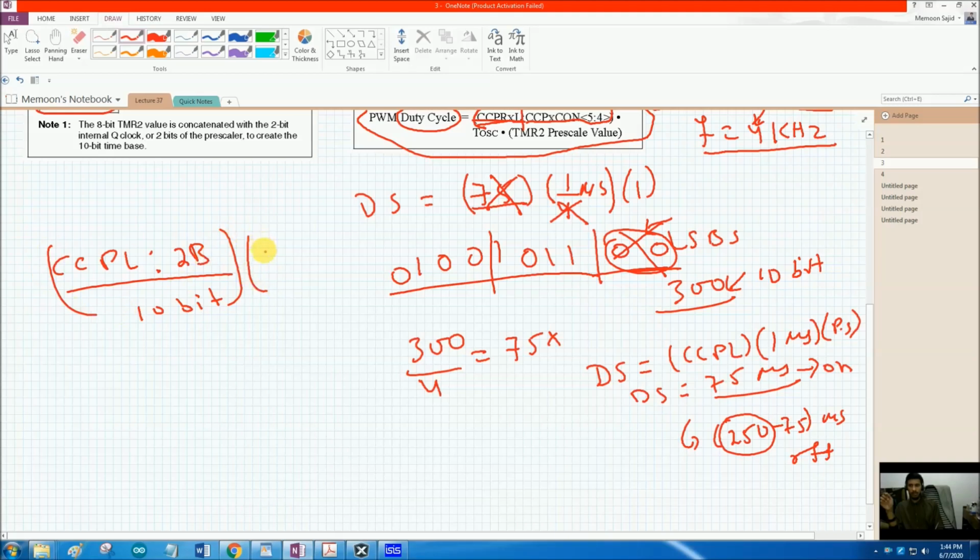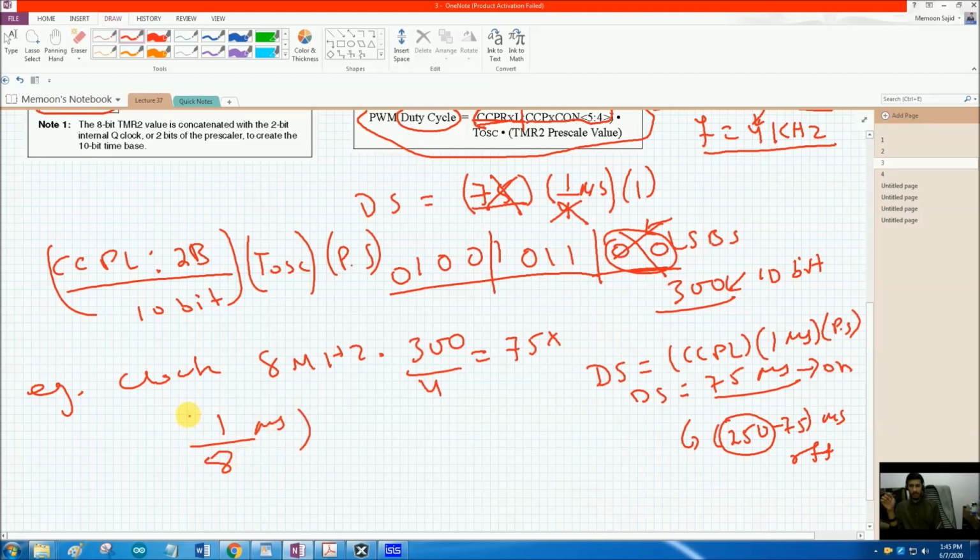Then we have to write the TOSC as it is, the main clock, and then we have to write the prescaler. For example, our clock is 8 MHz. So for a clock of 8 MHz, the TOSC is 1/8 microsecond. Let's say for a prescaler of 1, we have to calculate the time period. So we have to give a 10-bit value.